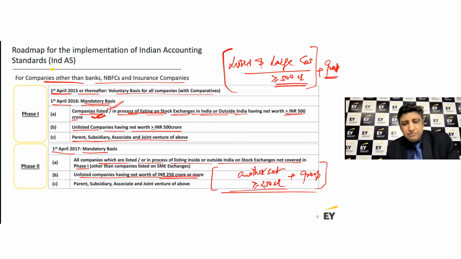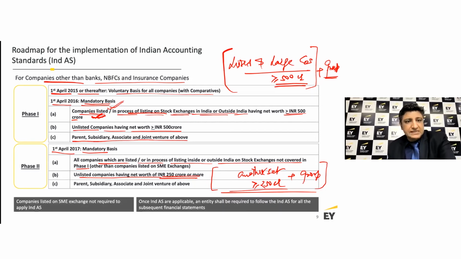Now, that also means, important, that any company, even today, which has, for example, a net worth of less than 250 crores, would still be applying the old AS, the old accounting standards that we have studied. Smaller companies, so a net worth of 250 crores is basically the chunk where somebody is required to now follow Ind AS.